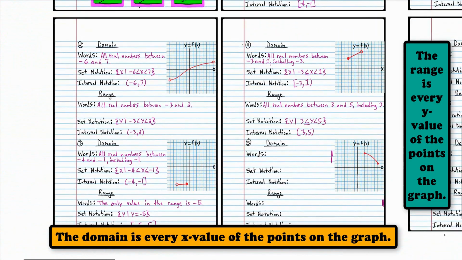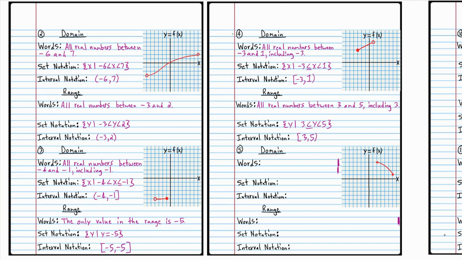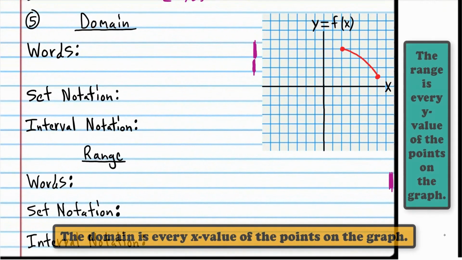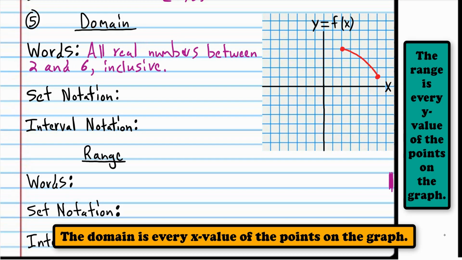Okay, go ahead and try number 5, and when you come back, we'll do it together. Okay, we're back. The domain of this function is all real numbers between 2 and 6 inclusive.